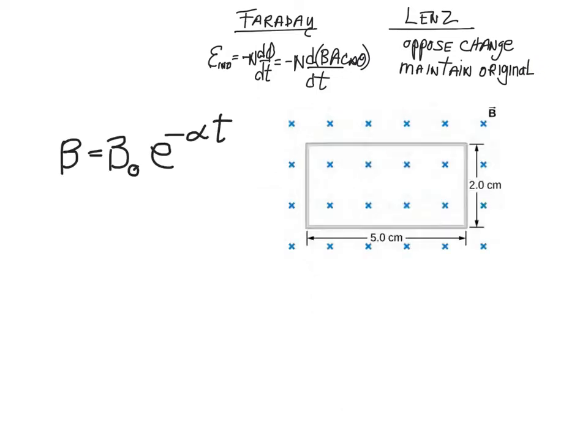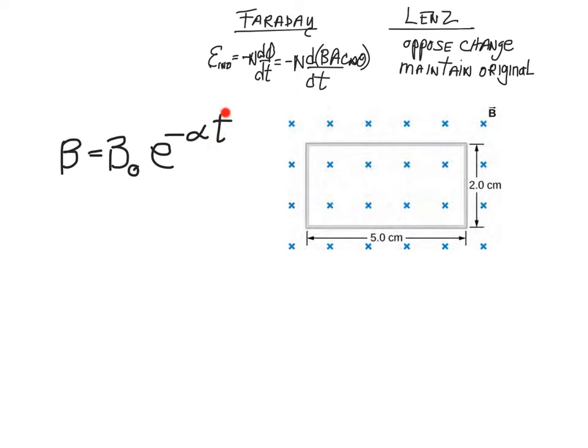All right, number 5. Here we have a conducting square loop in a magnetic field where the magnetic field is going to be changing, kind of like the last two examples, and it's going to be decreasing. So you should be familiar with this function, right? This is a decaying exponential function. When t equals 0, e to the 0 is 1, and so the field starts at some maximum value and decays to 0.